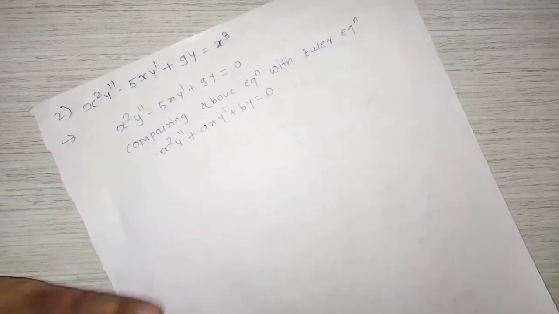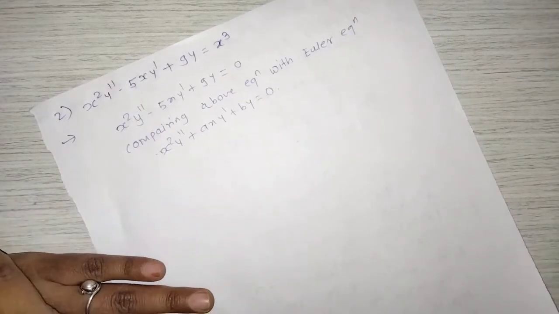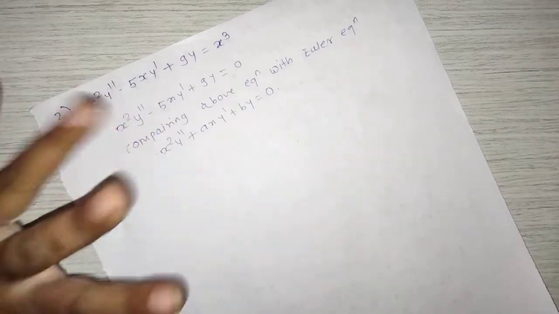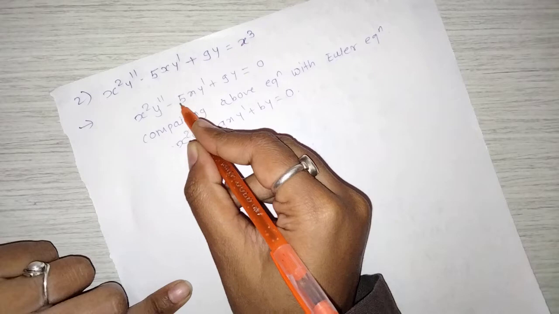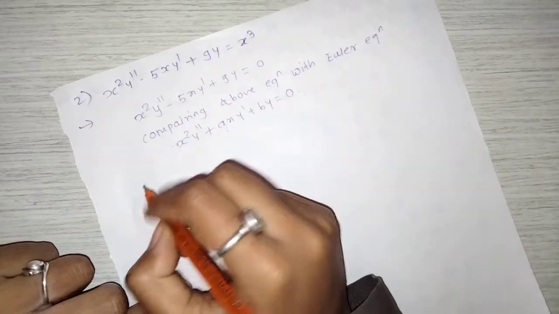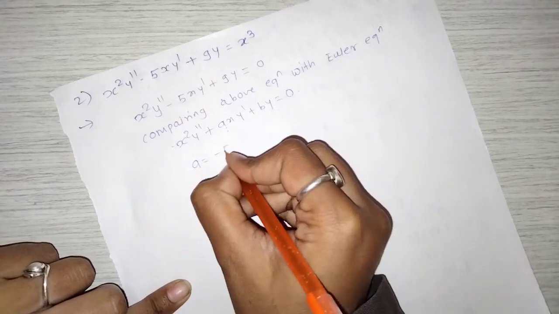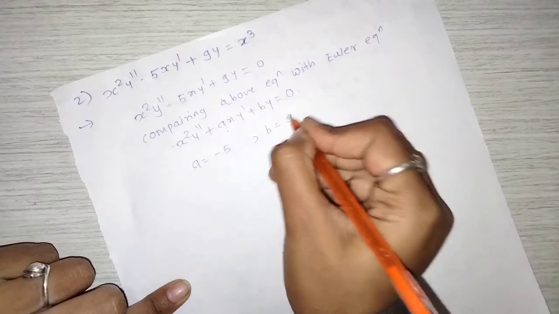Also this equation is second order and the Euler equation is also second order. So we compare this with the Euler equation. So here you can see that a equal to minus 5 and b equal to 9.